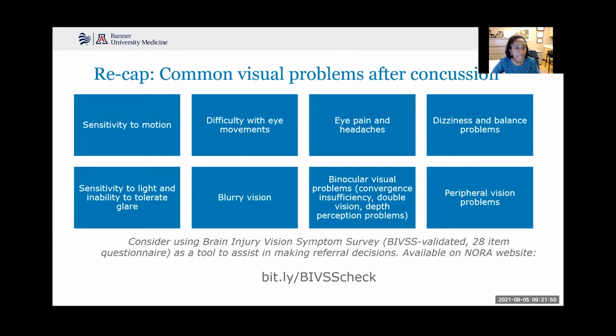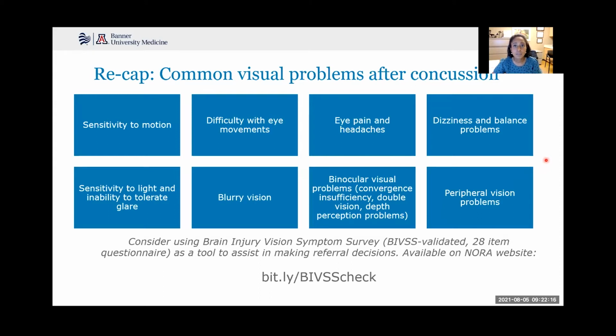So just as a quick recap, it's important to consider common visual problems after concussion. My understanding is that on this call, obviously there's some occupational therapists and physical therapists like myself, but also maybe some clinicians, maybe some coaches for teams, or people who work in the more tertiary setting that might be identifying these problems with their folks that have experienced concussion.